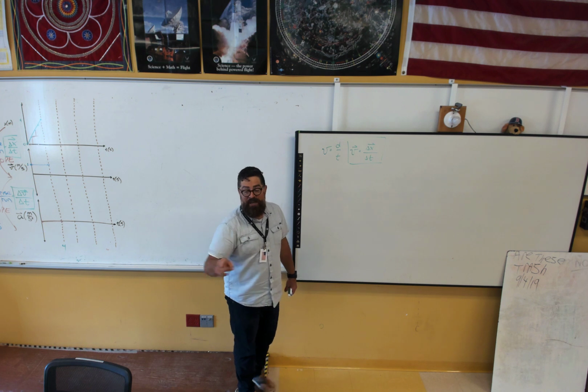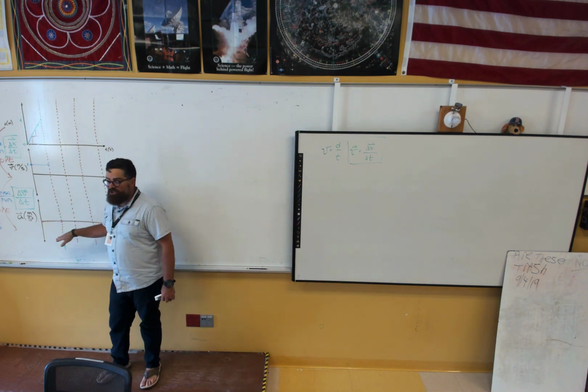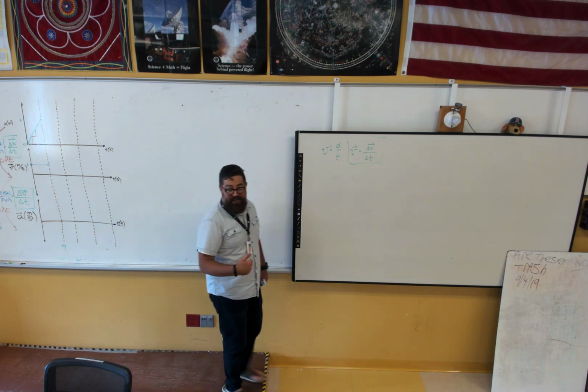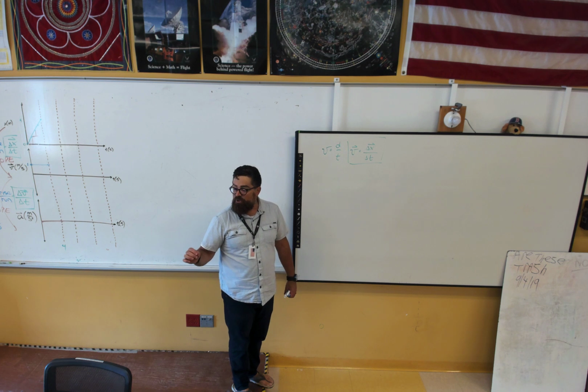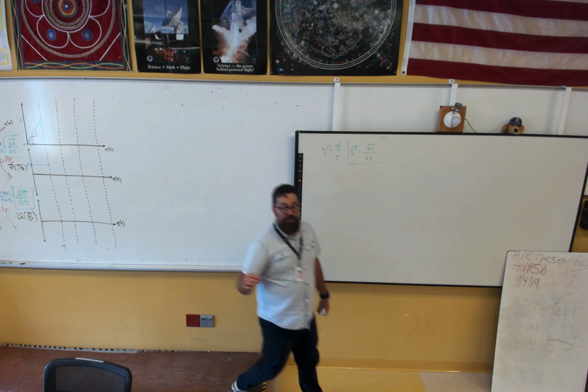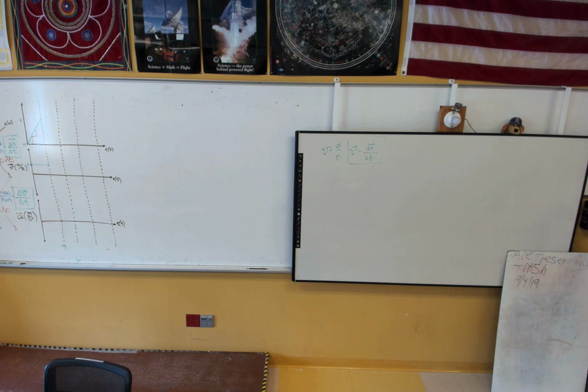I want you guys to graph position, velocity, and acceleration for that physical event of the next 4 seconds, from 4 to 8 seconds. I'd like you to do it by yourself for 20 seconds, and when the buzzer goes off, turn to the person sitting next to you and see if you have the same stuff on your graphs as they do.